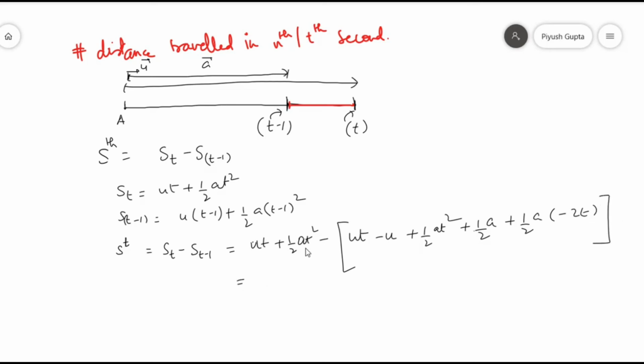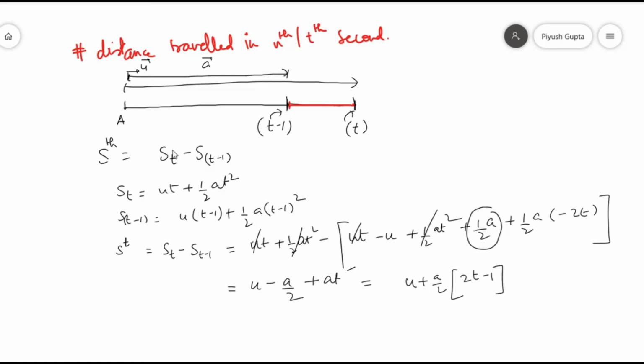Okay, so this ut and this ut are going to get cancelled, and this half at square and this half at square are going to get cancelled. Solving for it, this minus u, so this is positive u, and this minus a by 2, and this is already negative, so this becomes plus at. So this is basically u minus a by 2 plus at, or I can write it as u plus a by 2 into (2t minus 1).